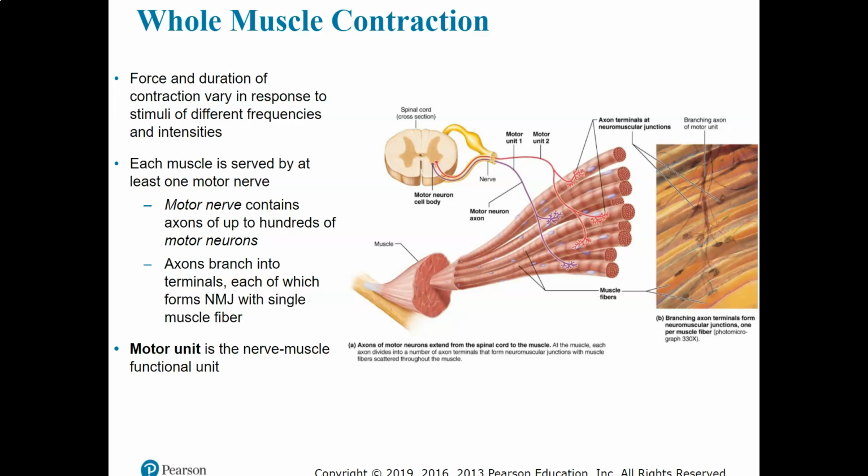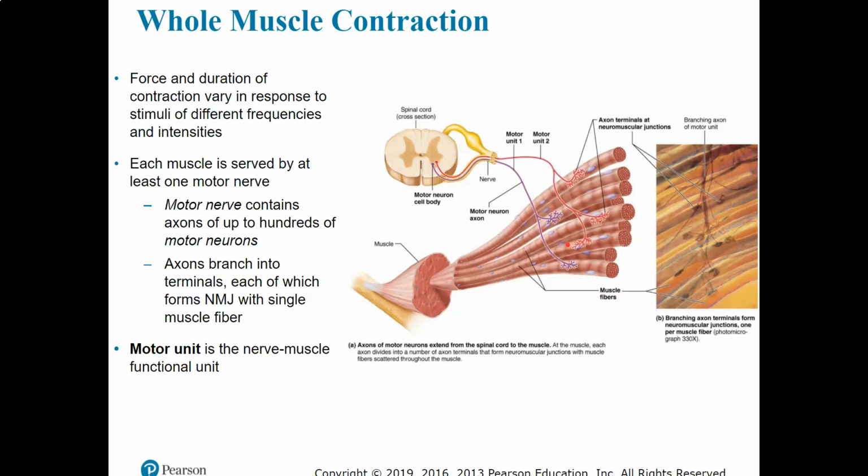And these motor nerves are going to actually be made up of the axons of hundreds of motor neurons. The bodies of those motor neurons are actually going to reside inside of the spinal cord. The axons are going to come out, and they are going to actually innervate the muscles at the neuromuscular junction.